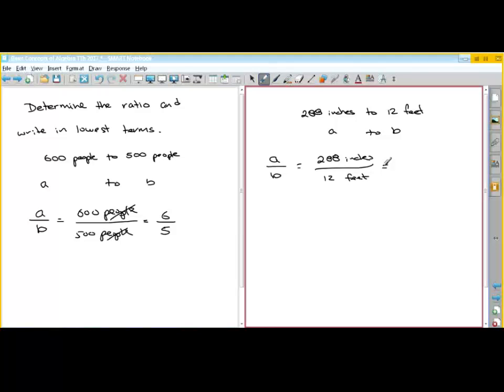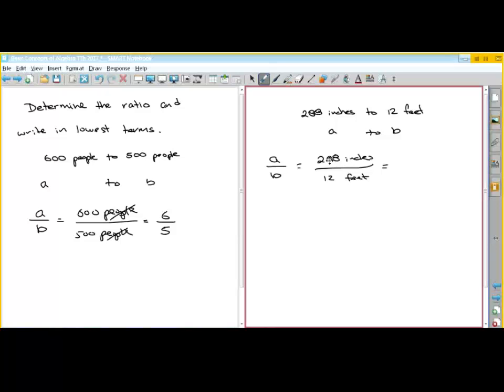Now, if this were a conversion factor, and you converted 12 feet to inches, you'd get 288 inches and you'd get 1. So when you have a result that's just 1 with units rather than a non-1 without units, it's kind of like a conversion factor. So what I would do here is simplify 288 divided by 12. So you just take a calculator.